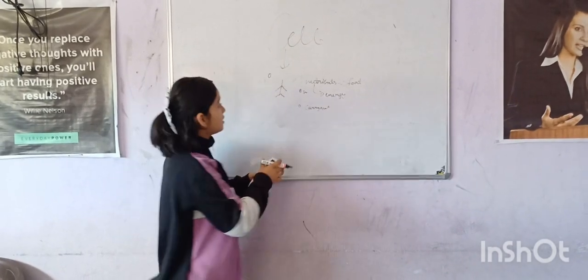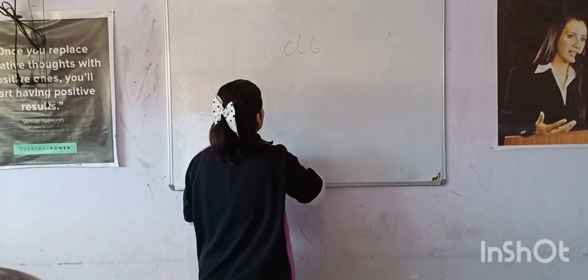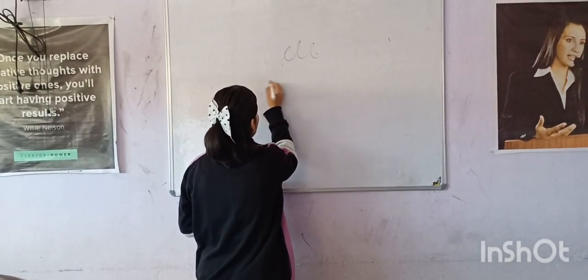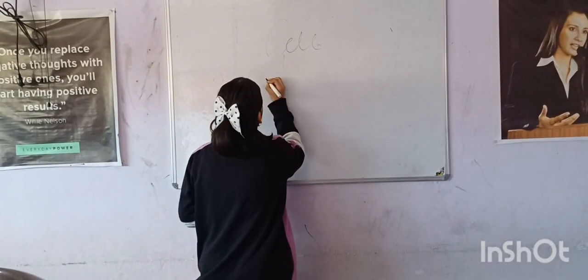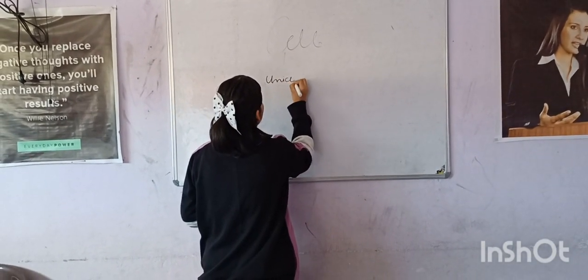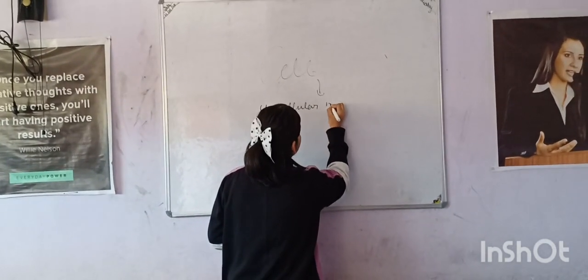Living organisms are of two types: firstly, unicellular, and secondly, multicellular.